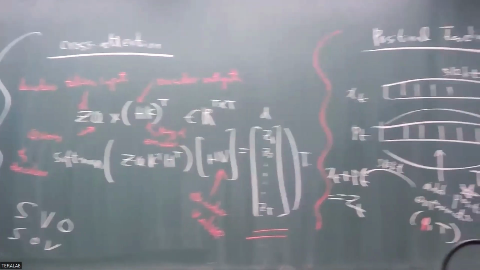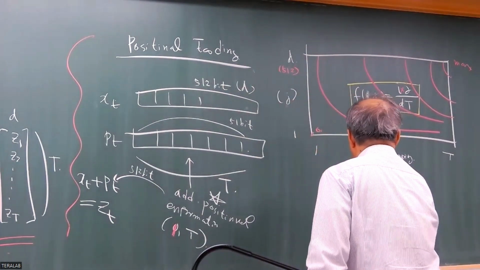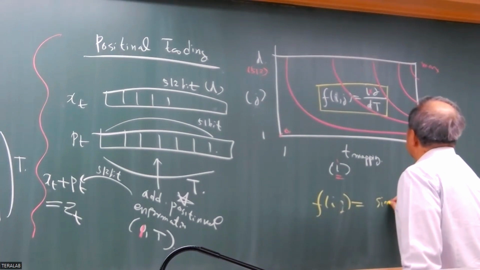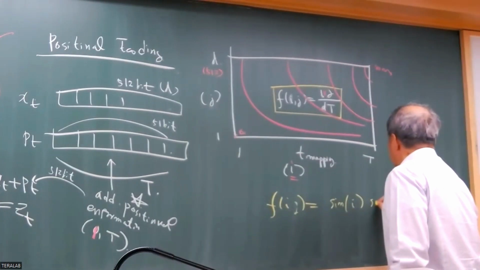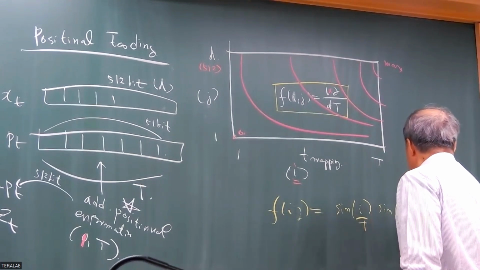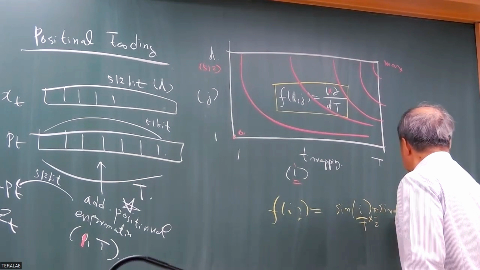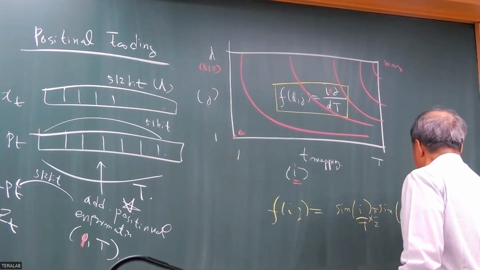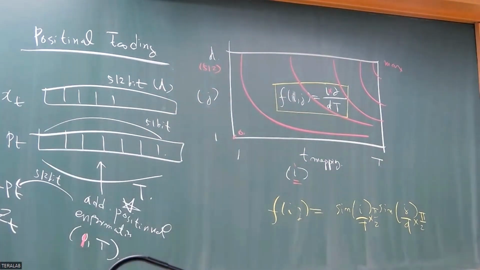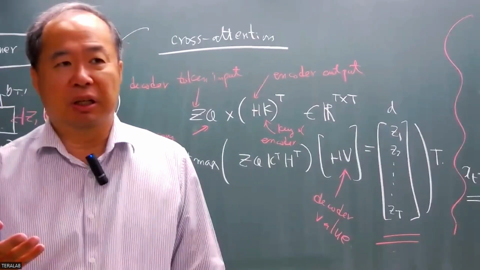Another way of doing that is F_ij may be sine i sine j. I don't know how to explain that. Sometimes sine function is more of a nonlinear function.